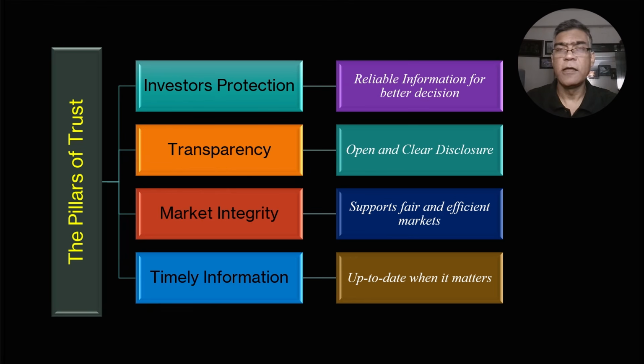And finally, timely information, keeping data up to date when it matters most, because timing can change everything in investment decisions. Together, these pillars create confidence in the system. They are what make investors trust public companies and the markets they invest in.